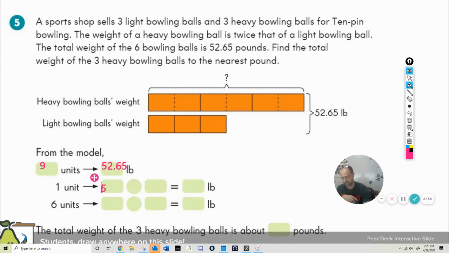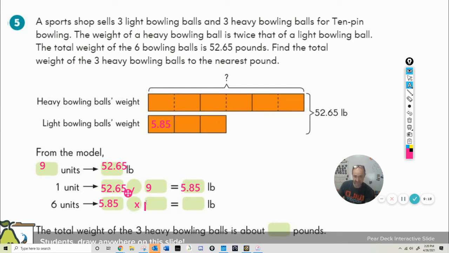The 1 unit is going to be 52 65/100 of a pound divided by 9, which is going to give us 5 85/100 of a pound. So 6 units will be the 5 85/100.